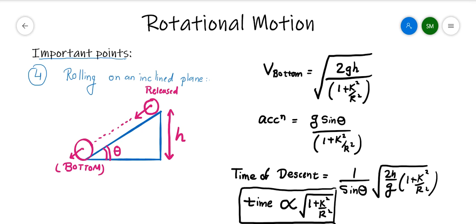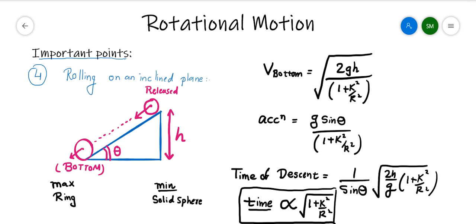So the body for which the value of k square by r square is more, that body will take more time to come down. As I already told you, the value of k square by r square is maximum for the ring, and minimum for the solid sphere.